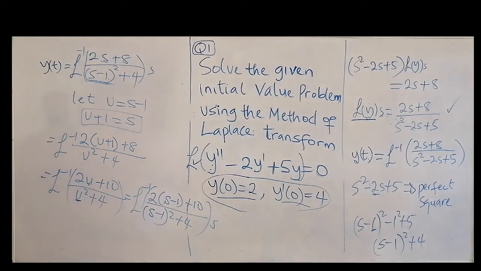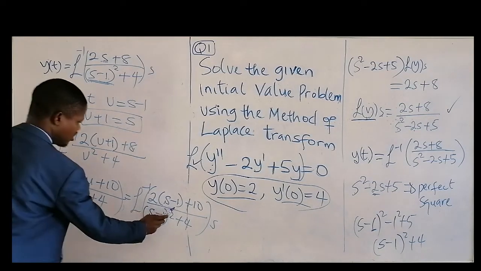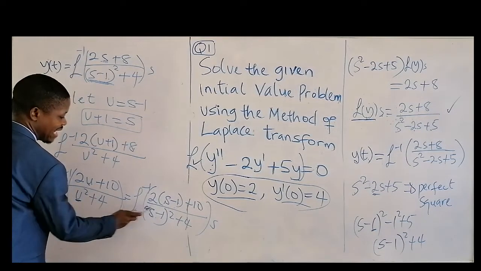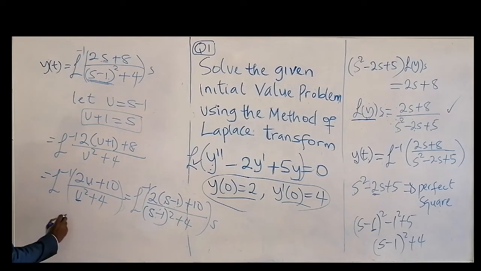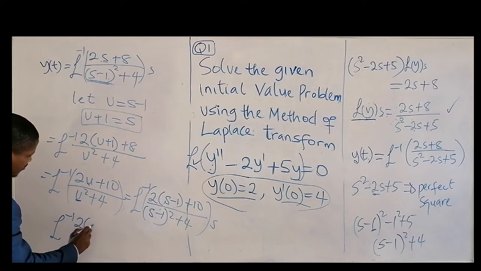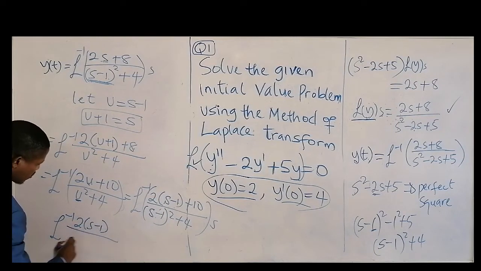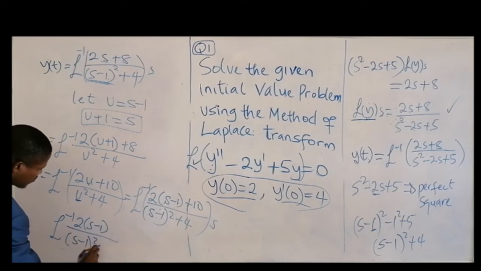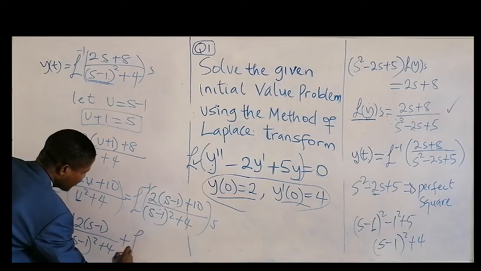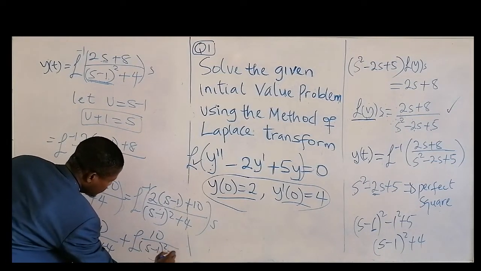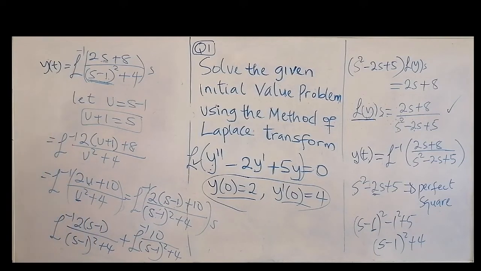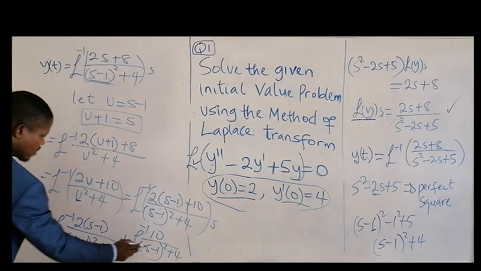Then after that, you break this expression into two parts: inverse Laplace of this, plus inverse Laplace of 10 over this. So we've broken it into two parts now.